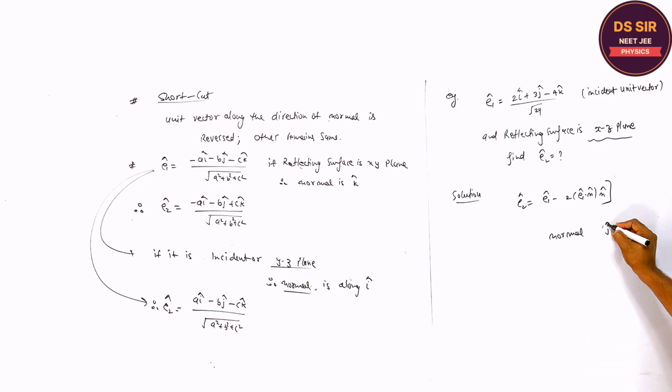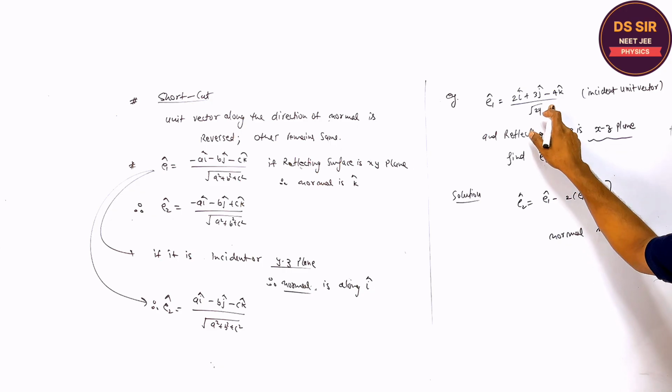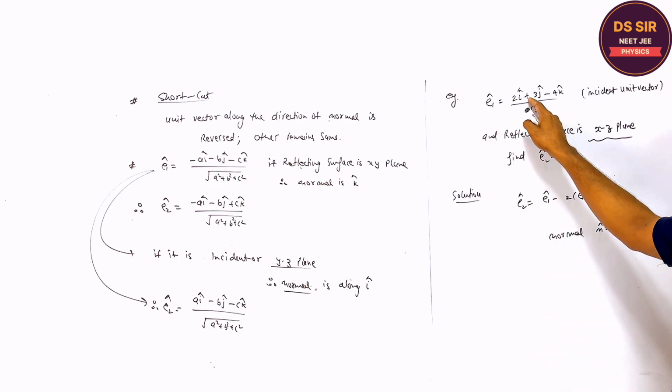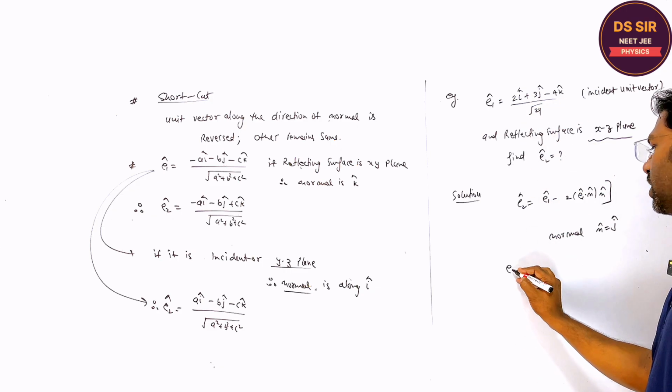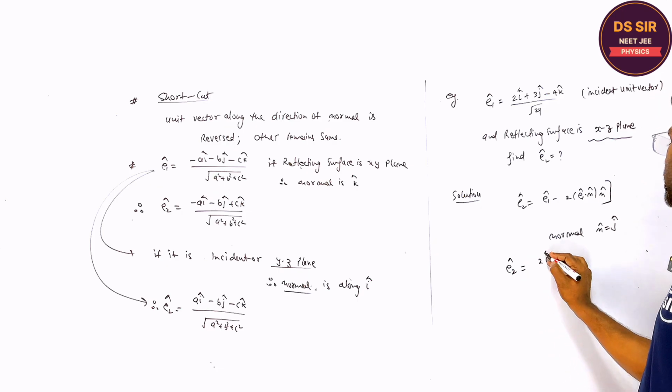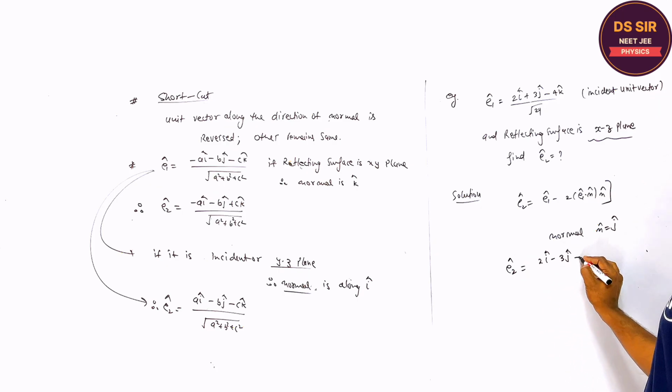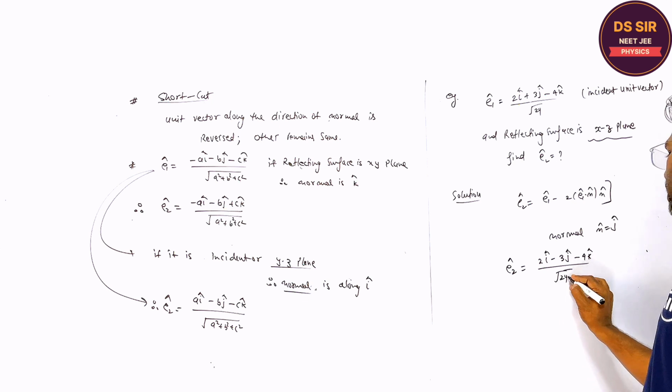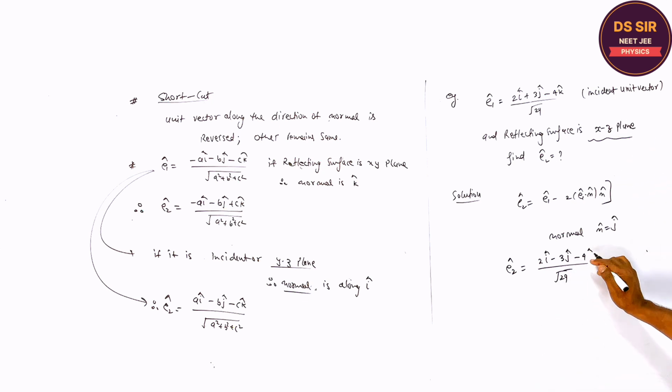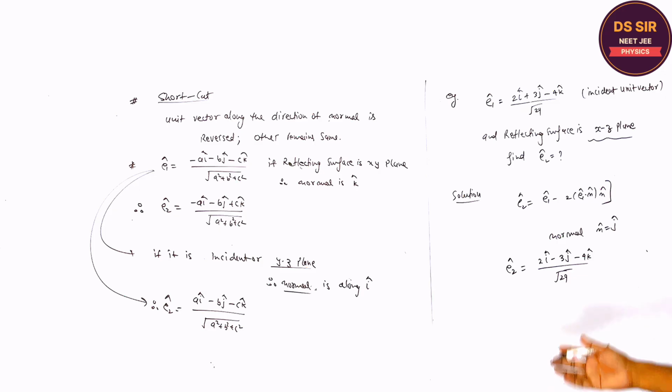So the only thing you have to do is reverse the sign of the j component: 2i minus 3j cap minus 4k cap upon root 29. Is it clear or not, you try? Fine. So this is the shortcut. If you put in this formula, you will get the same answer. You can try.